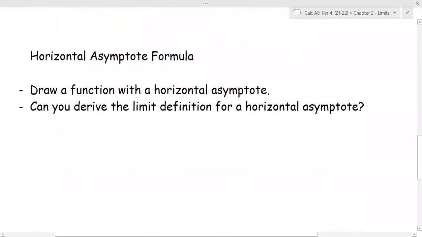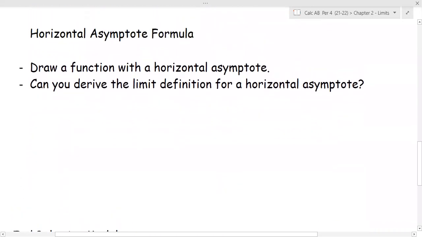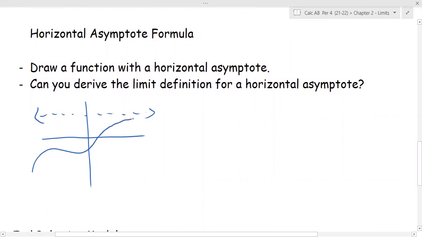And then the horizontal asymptote is kind of the same thing. If we have some function that has a horizontal asymptote, like this one right here, and we want the limit definition, we start with the limit as x approaches, in this case, infinity.